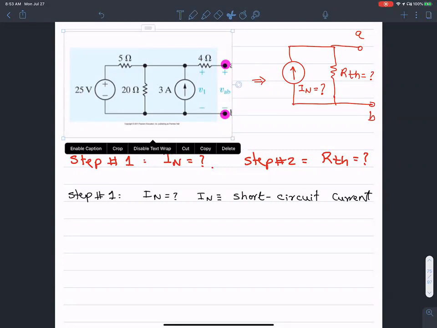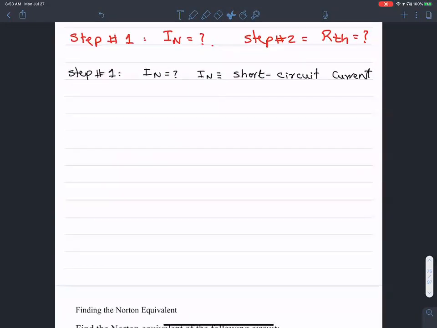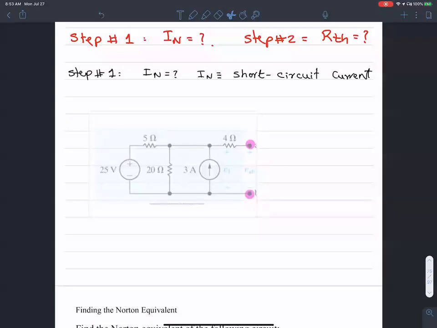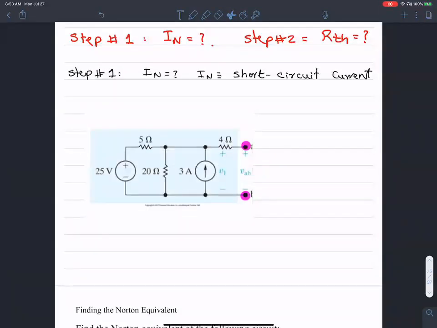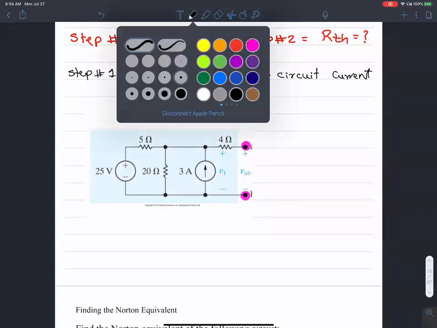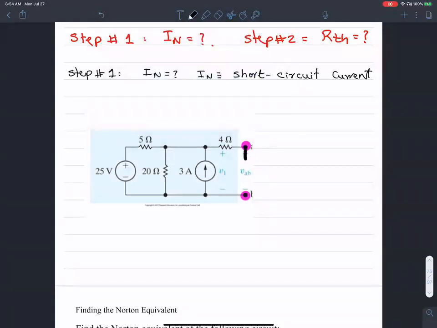Let me duplicate this, copy, paste. What I really mean is, in order to find I Norton, pay careful attention. I'm going to short circuit these terminals and find the current. So this current flowing through the short circuit terminals is defined as I Norton.